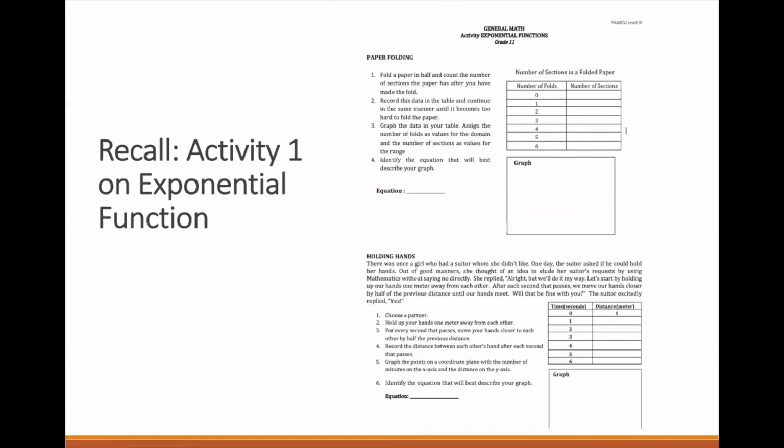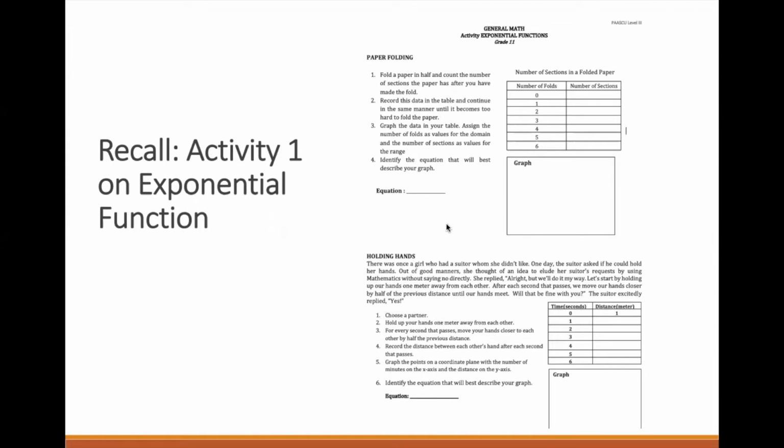So in our first activity, the paper folding activity, and the holding hands activity, I asked you to represent your findings through a table of values, a graph, and an equation. Same with the other activity.